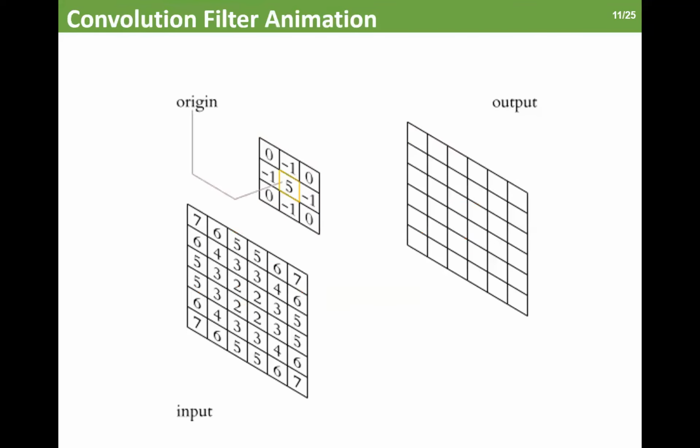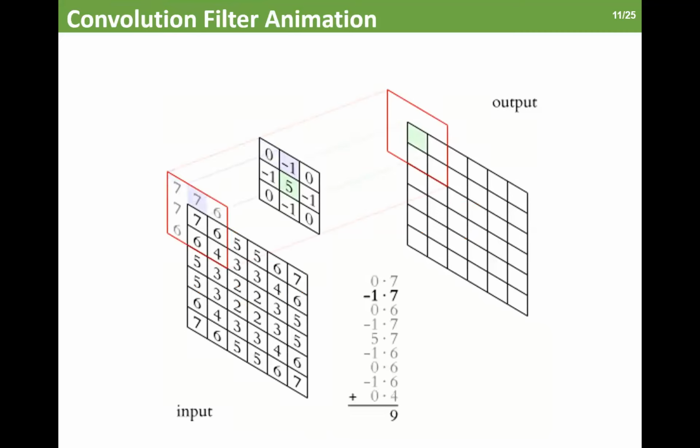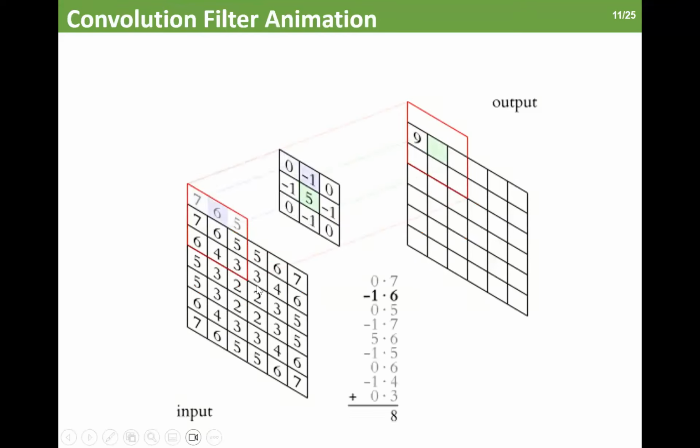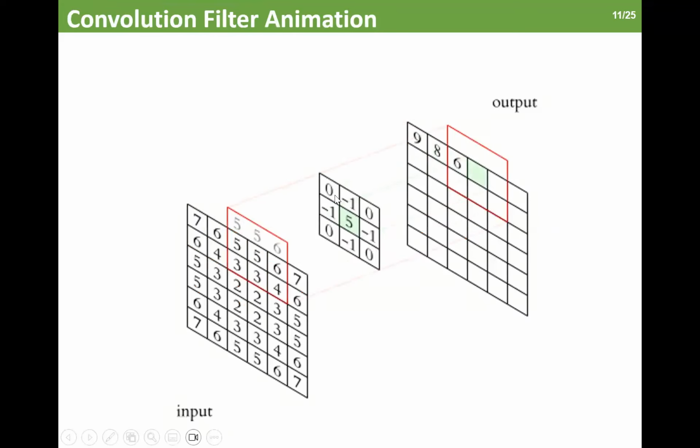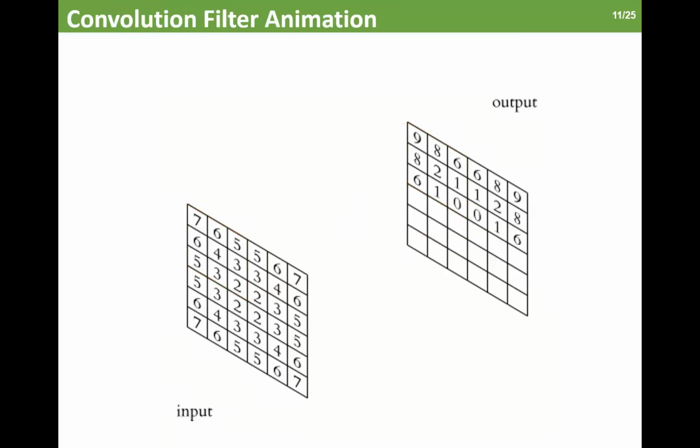Okay, so what is a convolution? If you've ever done image processing, you're familiar with this idea of a filter. And this is the input pixels, and these values here are called the kernel. Okay, so this might be a sharpening filter or an edge detection filter.